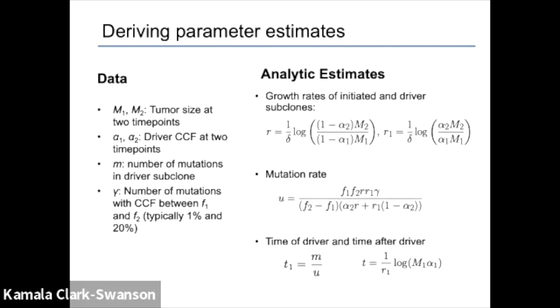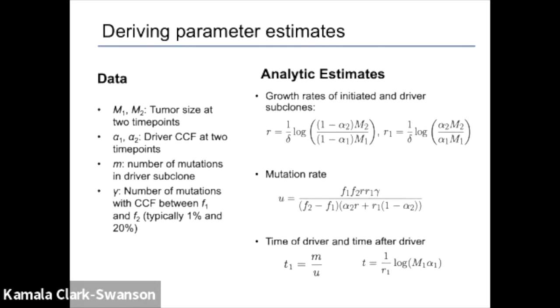We need tumor sizes at 2 time points, driver cancer cell fractions, and the number of mutations in that first cell of the driver. And then we also need this important parameter gamma, which is the number of mutations that have frequency between, say, 1 and 20%. This is because we want to estimate the neutral tail of mutations from which we can get the passenger mutation rate.